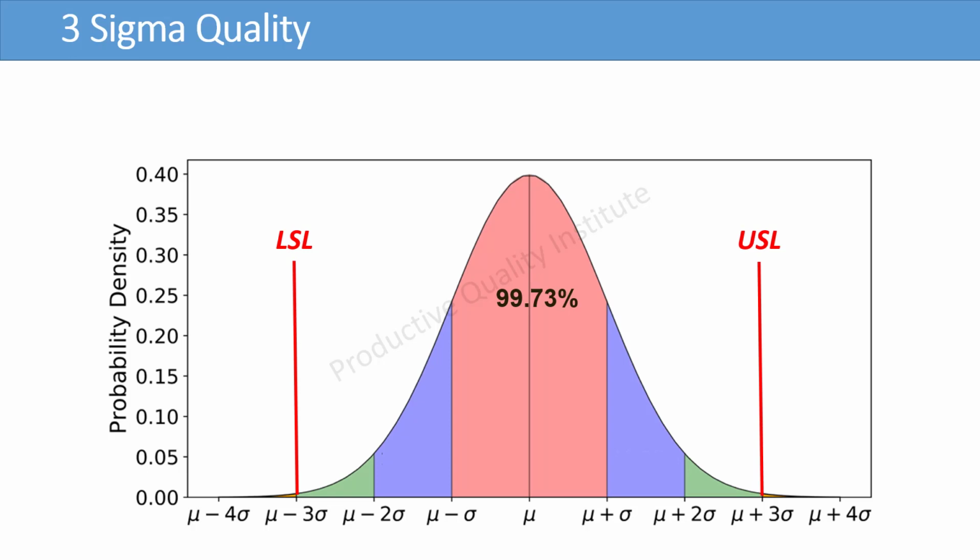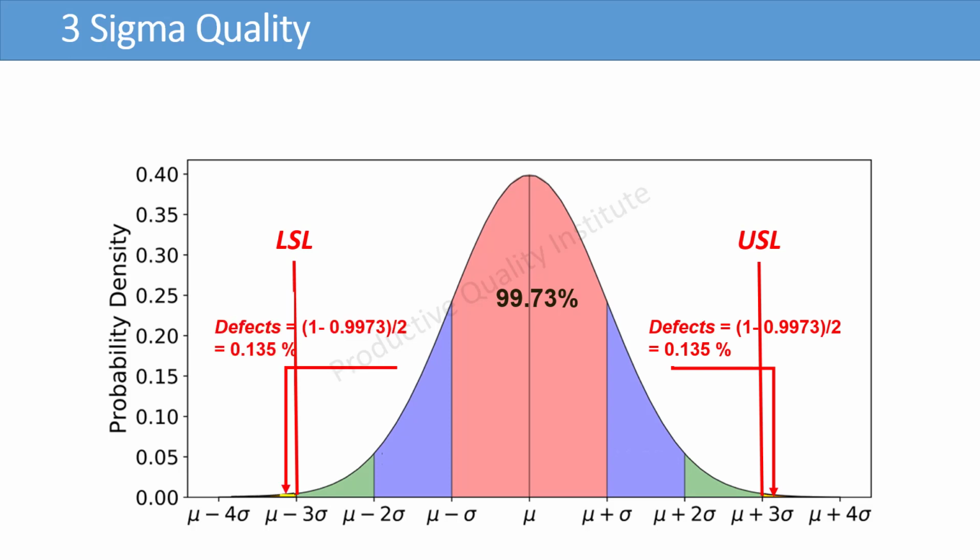The area outside the upper specification limit, which is considered a defect, is equal to (1 minus 0.9973) divided by 2, which is 0.135%. The same holds for the area outside the lower specification limit: 0.135%.